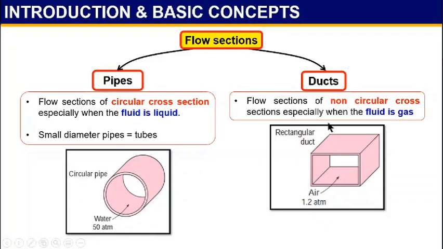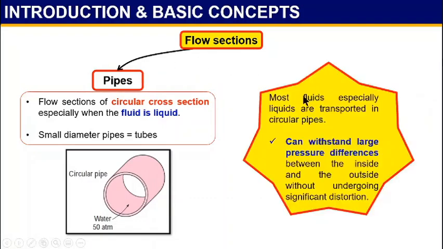And then ducts are flow sections of non-circular cross section, especially when the fluid is gas. For example, shown here is a rectangular duct, air at 1.2 atm. You see, the flow is also different. One is liquid and the other is gas. So that's the difference between flow sections of pipes and ducts.